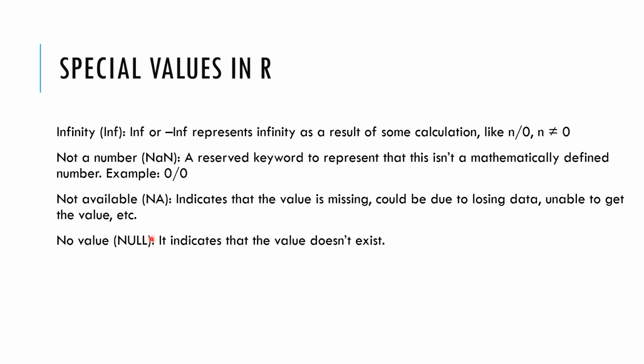Now NULL is an extended version of NA. The difference is that here the value is missing because we haven't been able to receive the data, or the person has not provided something, or we've lost it in between. NULL means that the value doesn't exist itself. You can take any real life example, that the value doesn't exist in our universe, so that means it's NULL. That's why we use NULL.